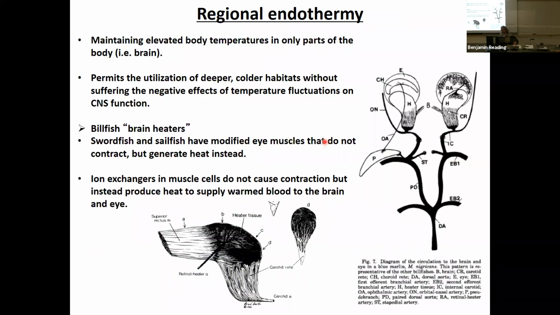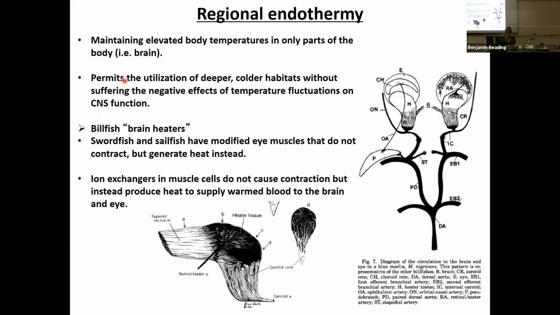When you look at other types of endothermy, there are fishes that have what's called regional endothermy. And this is maintaining elevated body temperatures only in certain parts of the body. And so oftentimes it's the brain. Or, as we talked about last time, the eyes are a very energetically demanding sense. And so we can heat the eyes up too, which helps the eyes operate optimally.